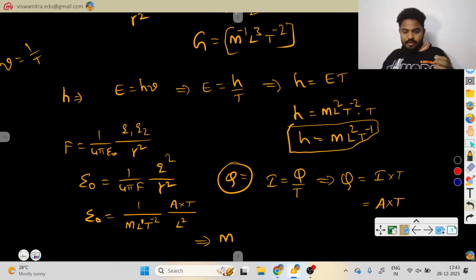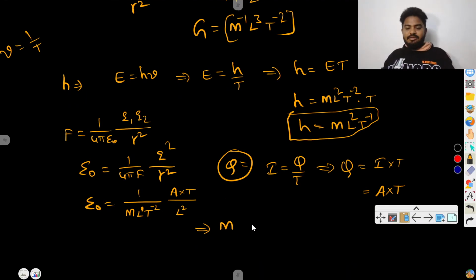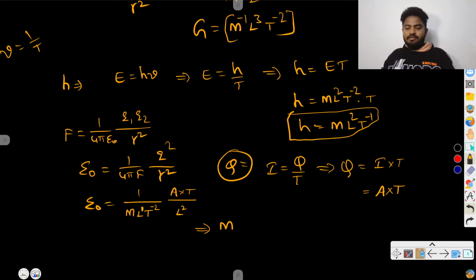So now here, if you observe, m is equal to nothing but, what I can do, if you take this m denominator to numerator, minus 1, and l into l square, l to the power minus 3, and then t power minus 2. If it goes up, then it becomes plus 2 into 80.